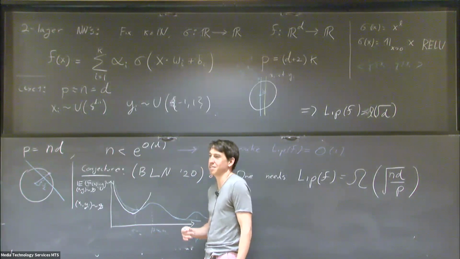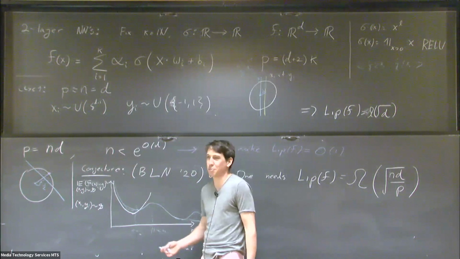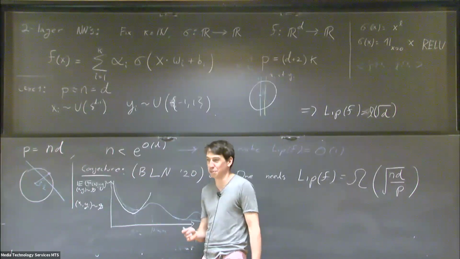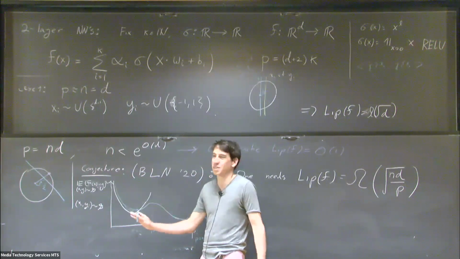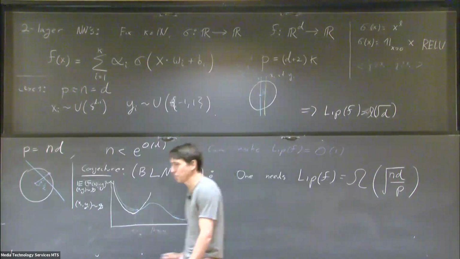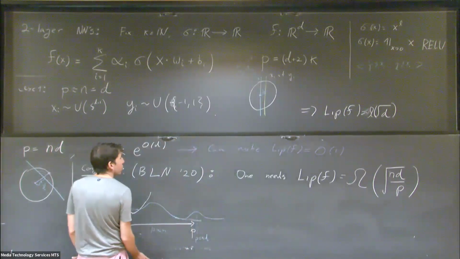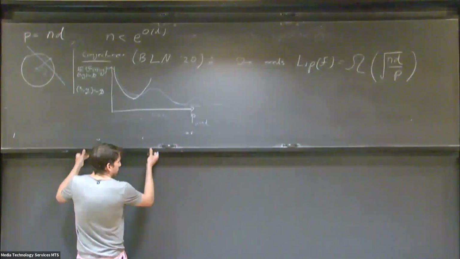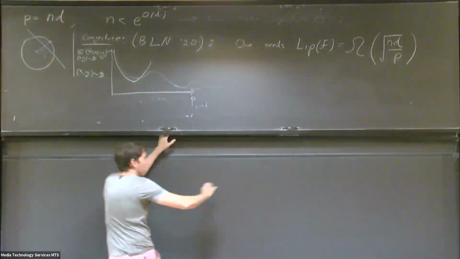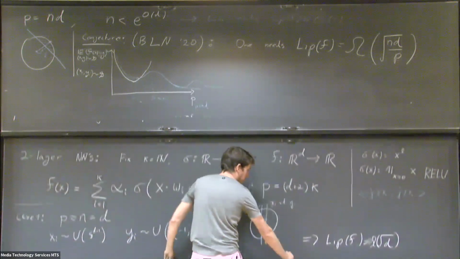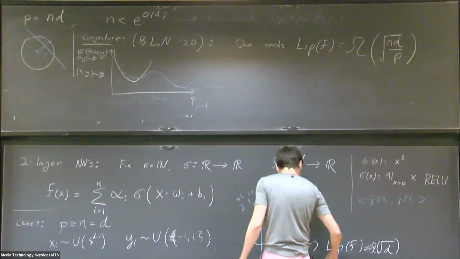I claim that it's a beautiful theorem, but it actually makes a case against overparameterization. But let me explain to you later. I'd really like to have some time to have a discussion about this.